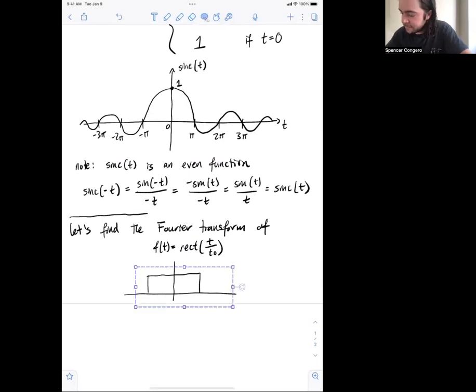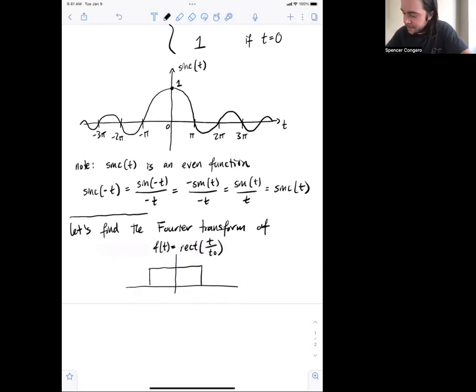And the height is 1 because rect functions have height 1. I'm not scaling it by anything. And then where do the left and right sides of the rect function come down? Well, it's just when this argument equals plus or minus 1/2. And you can see if I plug in plus or minus t naught over 2 for t, that's exactly when that happens. So that's how you can get where those points are.